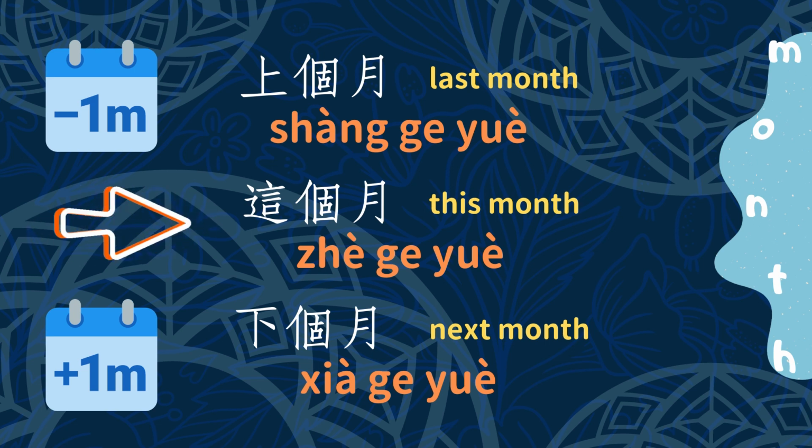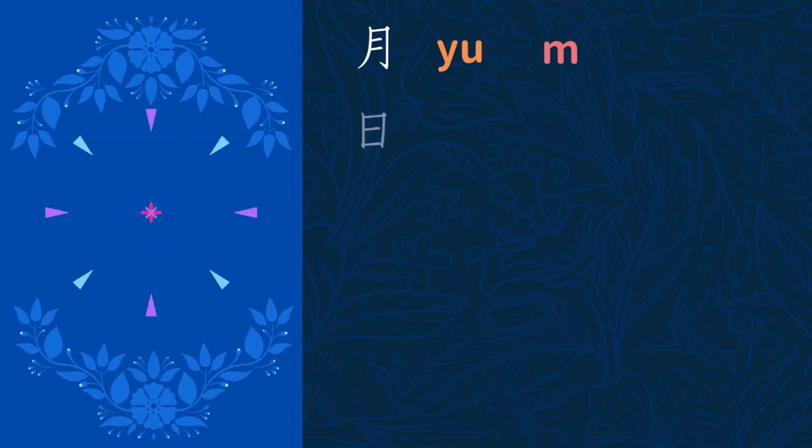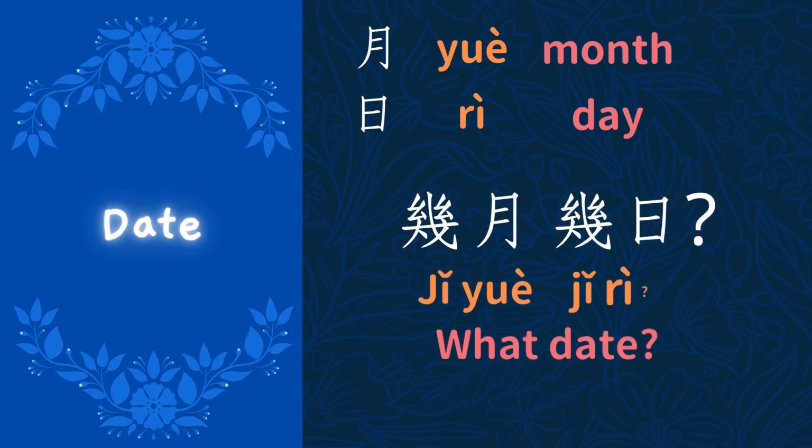This month, 这个月. And next month, 下个月. We have learned 月 and 日, the month and day.